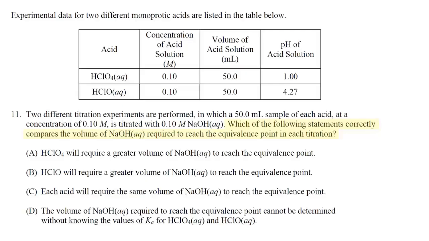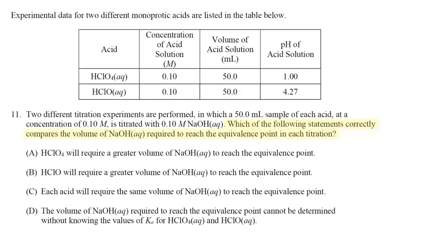Now, I spent a little bit of time talking about the fact that one of these acids is strong and the other is weak, but it's a very important misconception that a lot of AP Chemistry students have about this type of question. They would assume that a stronger acid will require more sodium hydroxide to reach the equivalence point.